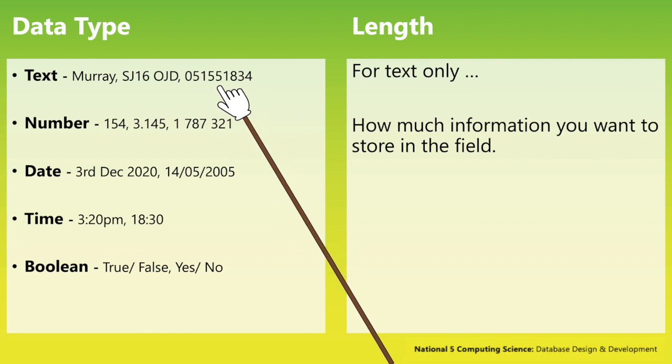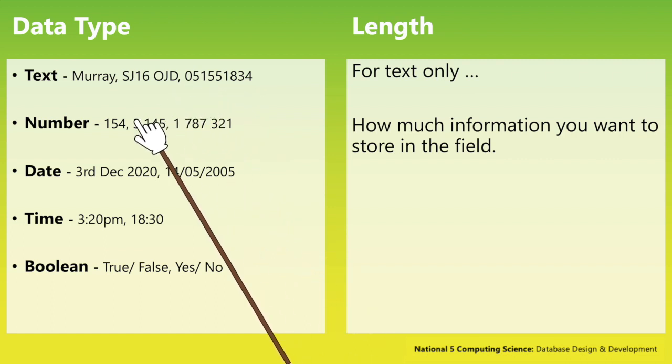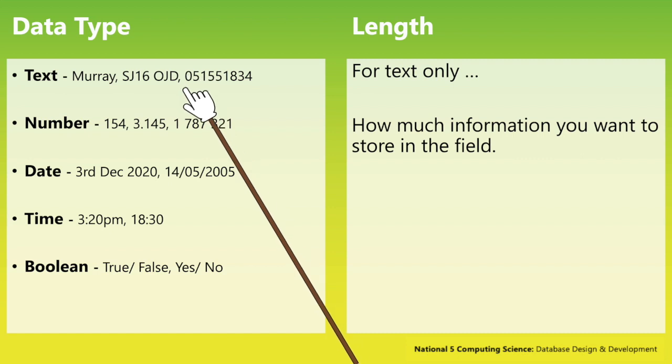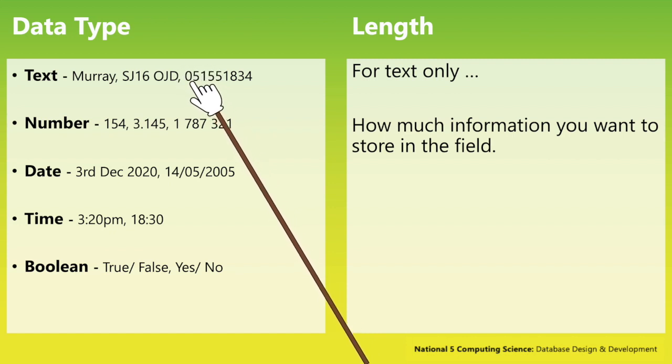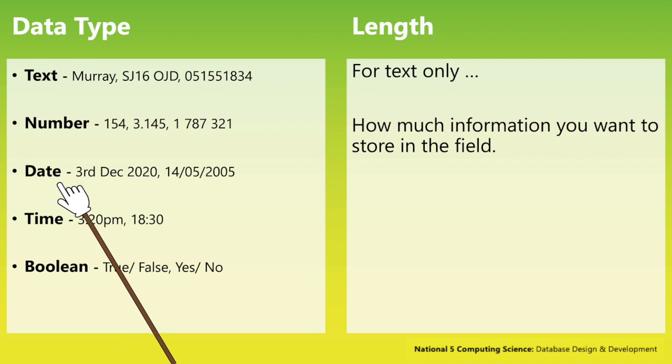If your value begins with 0, this is a text data type and not a number, because if we have a leading 0 in a number data type, we get rid of that leading 0. So for example, this here being a Scottish candidate number, it's really important that that leading 0 is there, that's why it's text.